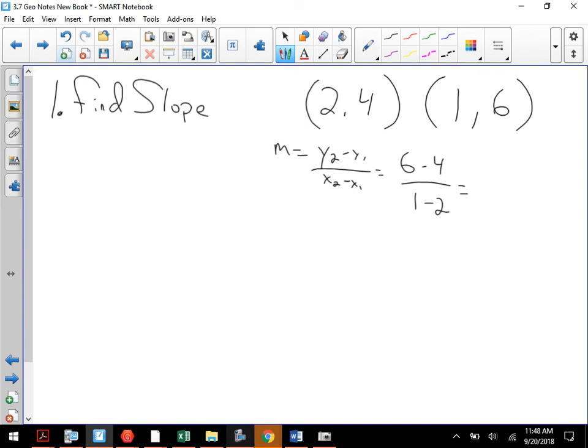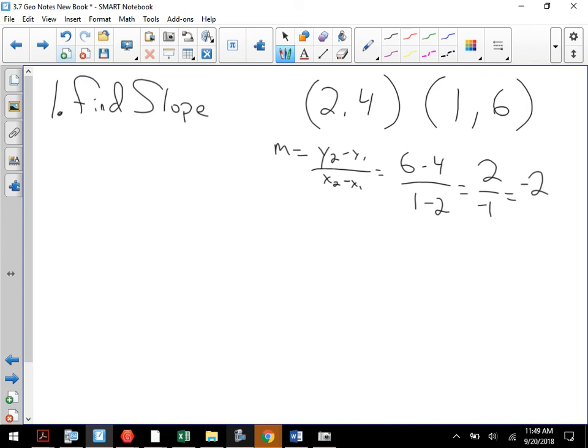You can throw that whole thing in the calculator with the fraction bar and press enter, or you can break it into 2 small parts. What's 6 minus 4? 2. What's 1 minus 2? -1. That makes my slope 2 over -1, which most people will rewrite as -2. Very good. And that's where the whole idea of over 1 comes into play. It means the same. Now I have my slope.